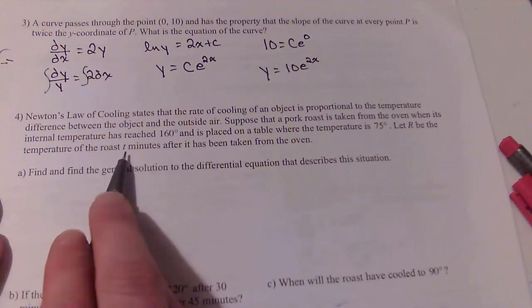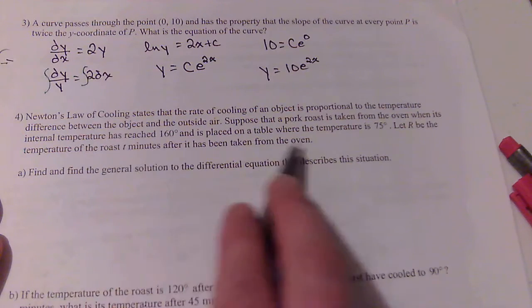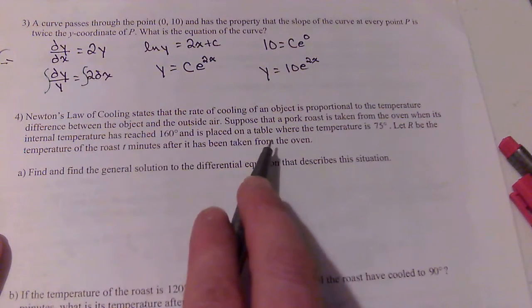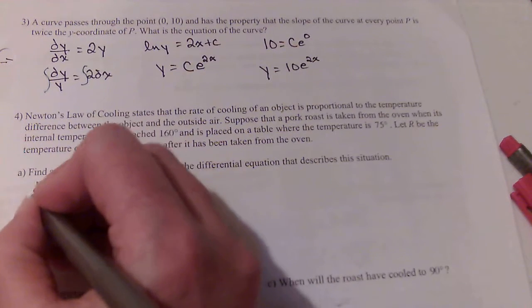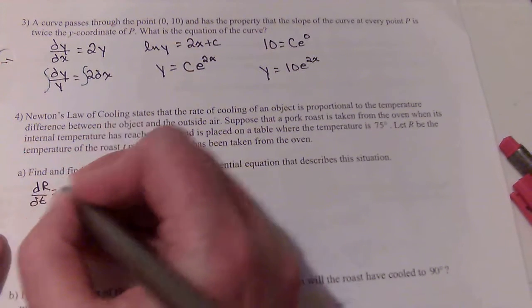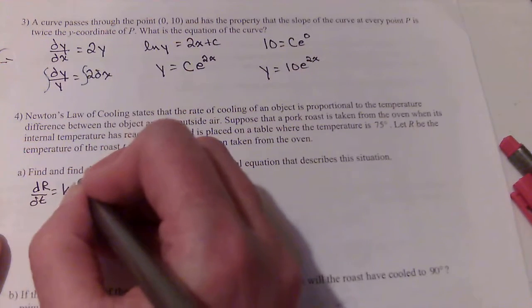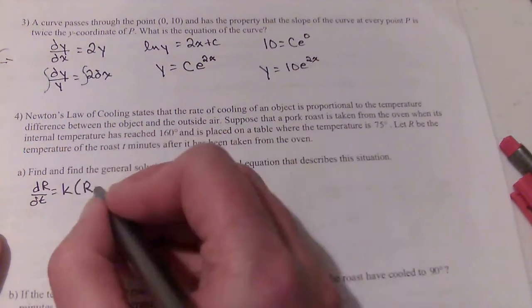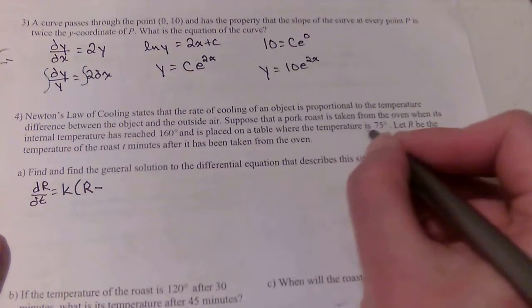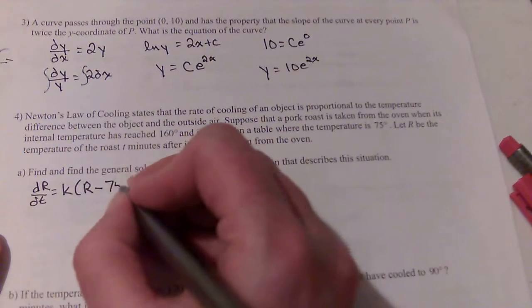Let R be the temperature of the roast t minutes after it has been taken out. So let's back up. The rate of cooling of the object, so dR/dt, is proportional to the difference of the temperature of the object and the outside air. Well, it says the outside air is 75.